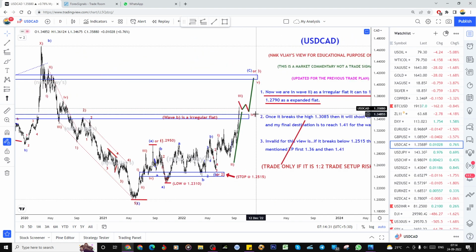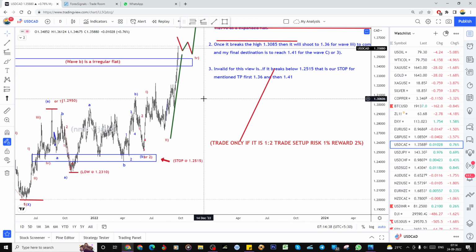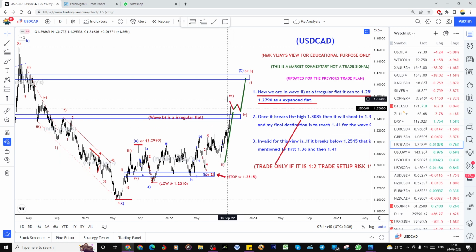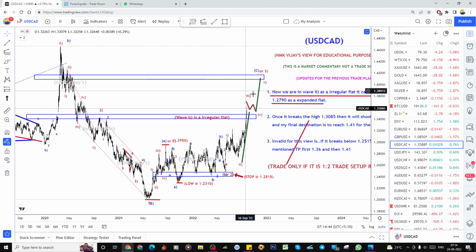What's my target? Here is my first target of 1.34. It's already reached. So as per this, it is 1, 2, 3, and after that 4 and 5, so that could be the third wave. This is not just the third wave, it could be a little bit bigger, extended also.